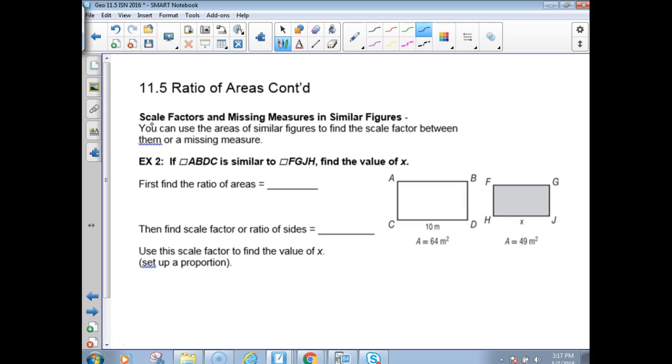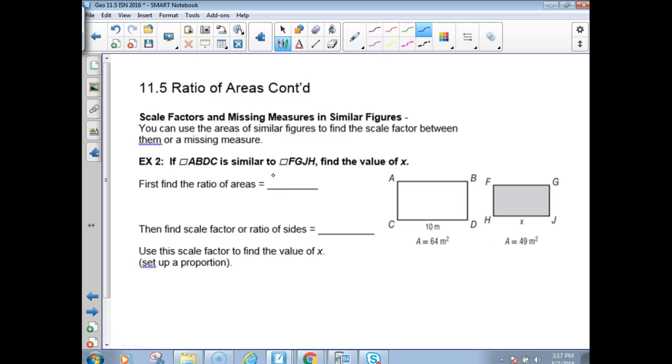Ratio of areas continued says scale factors and missing measures in similar figures can be found. You can use the areas of similar figures to find the scale factor between them or a missing measure. You've got parallelogram ABCD is similar to parallelogram FGJH. Find the value of x. If I want to know the length of a side, I need to know the ratio of the sides. I don't have that, but I can figure it out by using the ratio of the areas.